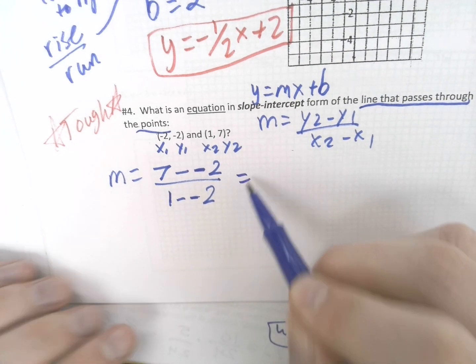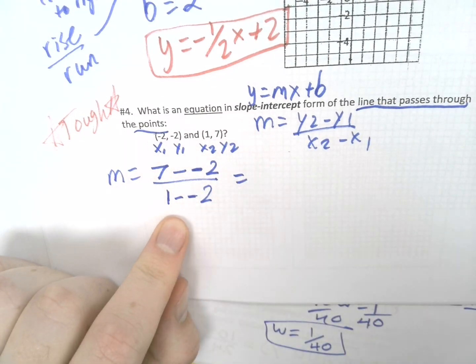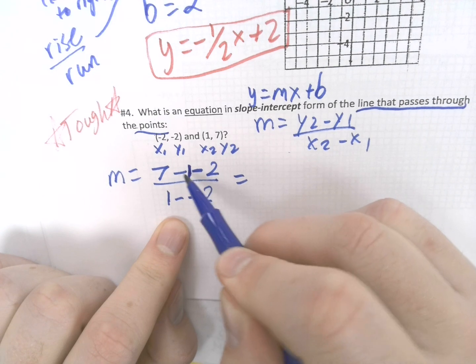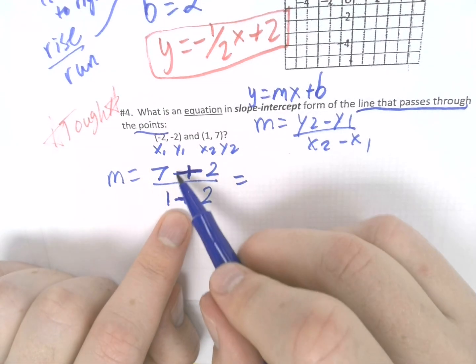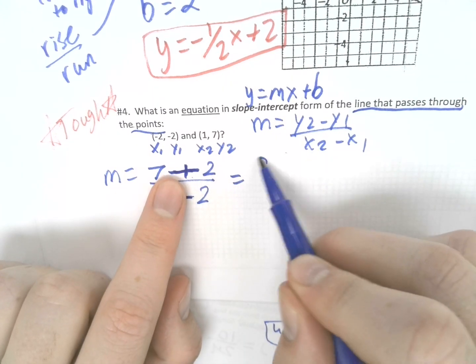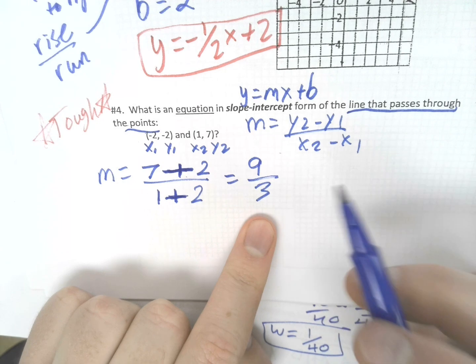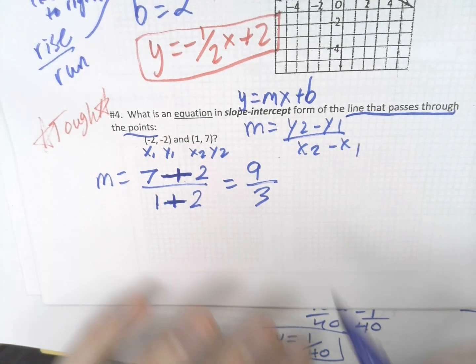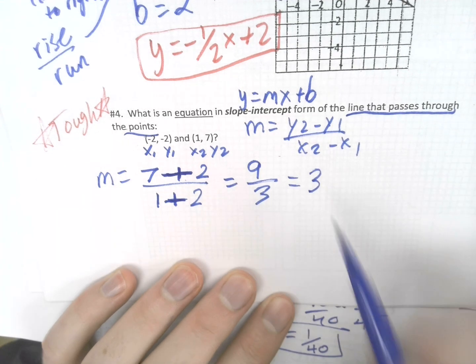And here's the thing. What's going to happen, guys, if you subtract a negative on both these? Yep, that's going to become a plus, and that's going to become a plus. So 7 plus 2, 9, 1 plus 2, 3. And does that reduce? Why, yes, it does. 9 divided by 3 is 3.